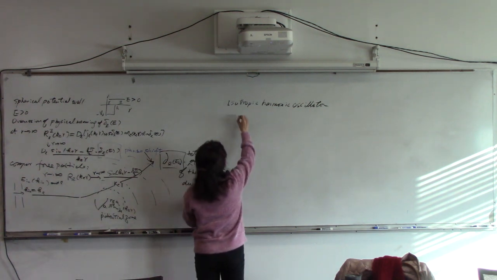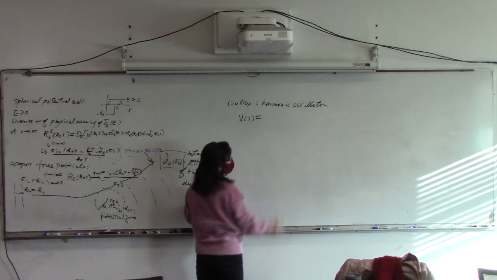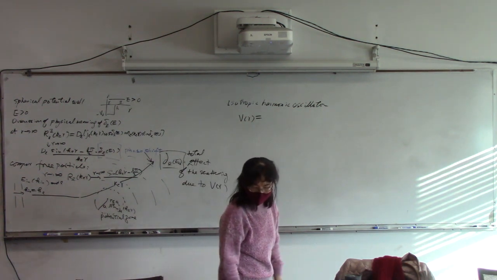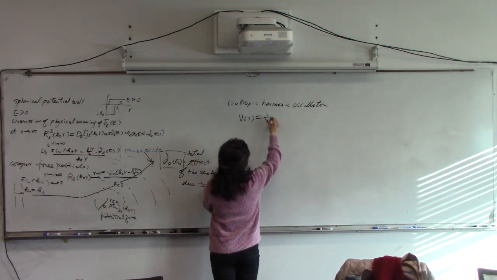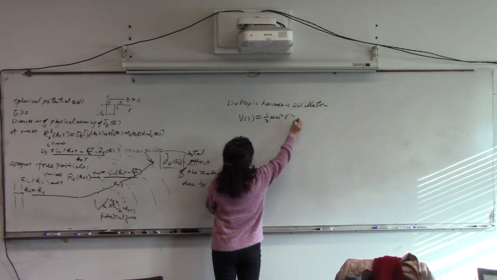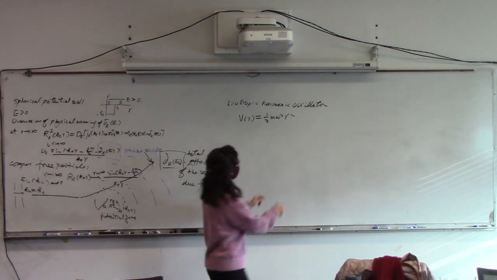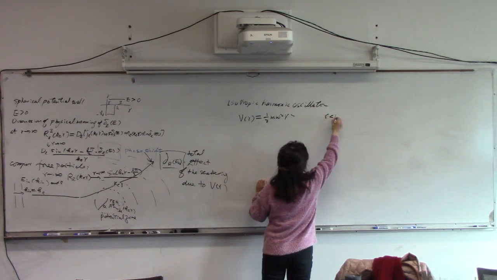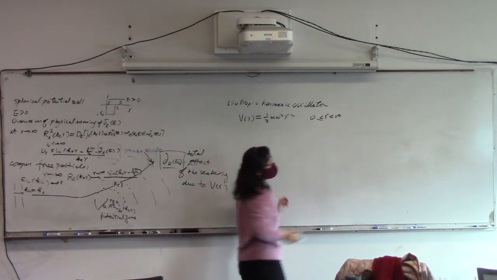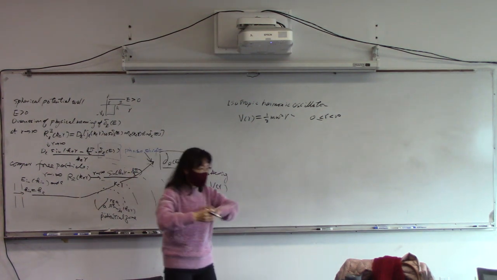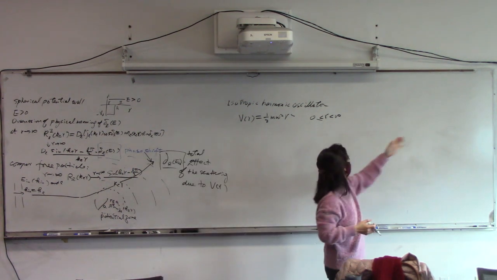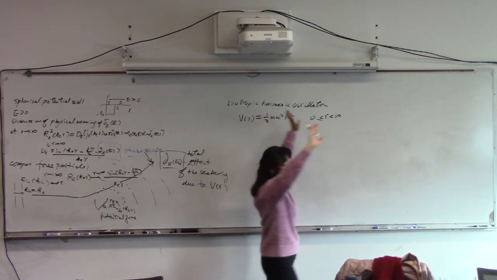So first, the potential is only R dependent, right? And here R has no boundary. The R goes from 0 to infinity, so the potential extends over the whole space.